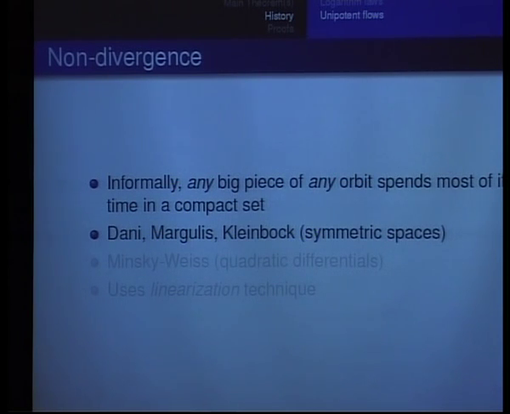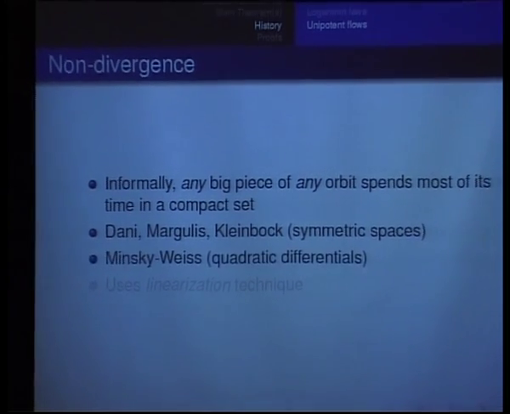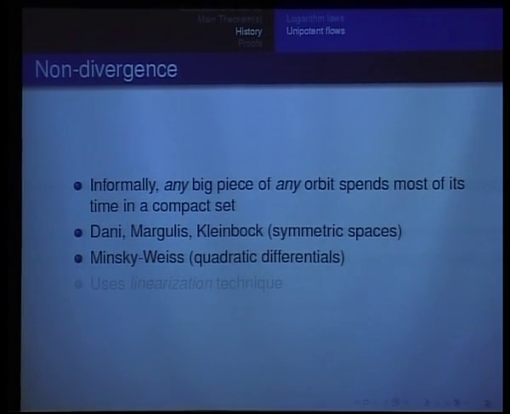And this is due, in various beautiful papers, to various combinations of Dani, Margulis, Kleinbock, dating back to the early work in the 70s and a lot of work in the 1980s. In the context of quadratic differentials, or the Teichmüller theory context, this is due to Yair Minsky and Barak Weiss, inspired by Kleinbock and Margulis. A lot of this uses what's called the linearization technique.